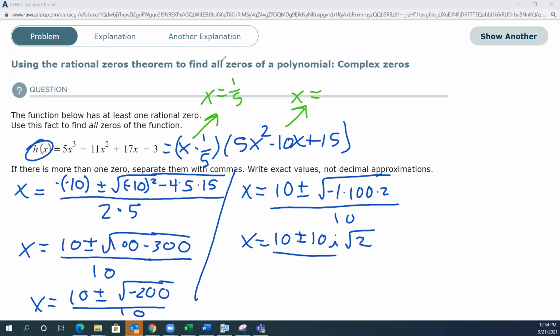Square root of 2 is just square root of 2. And now I can cancel all of the 10s, actually. And I'm left with a 1 right there. So my last two zeros of the function are going to be 1 plus or minus i root 2. So 1 plus i root 2 and 1 minus i root 2. And that is it.